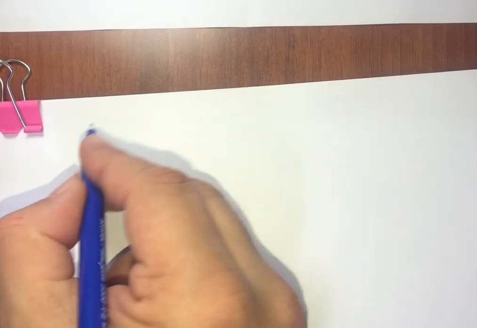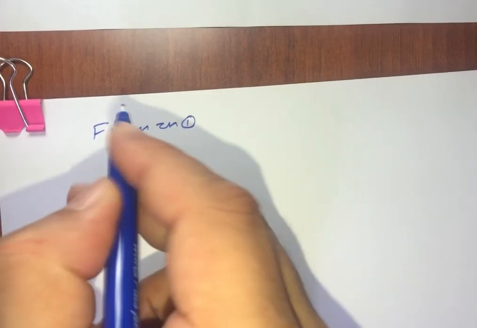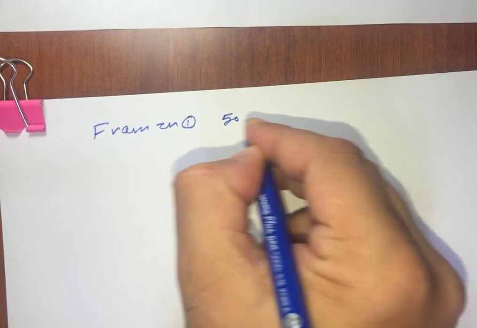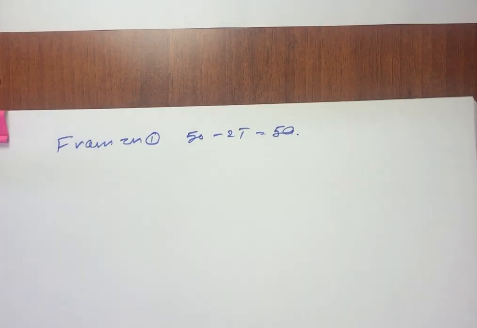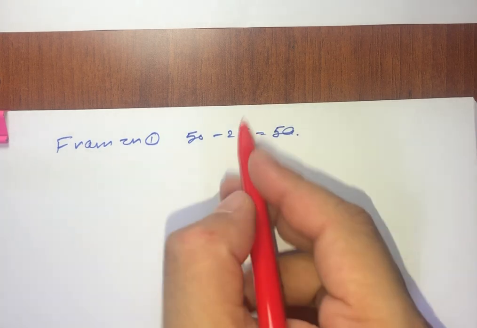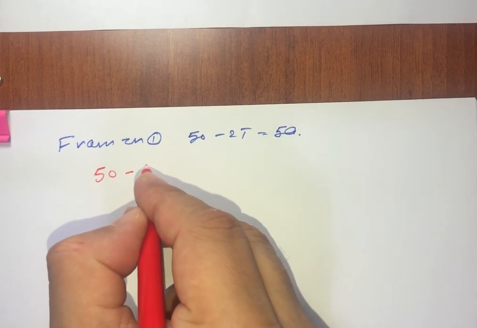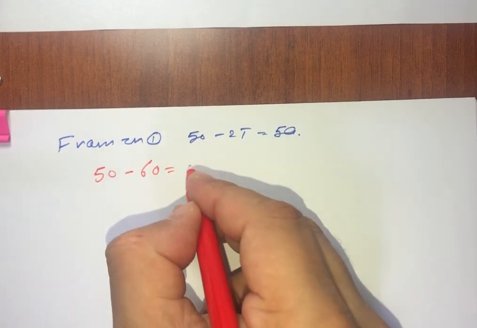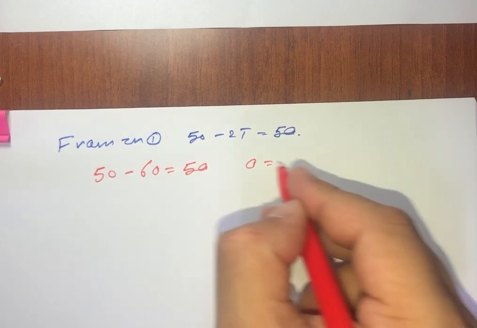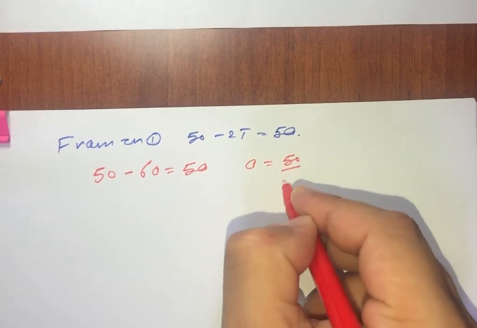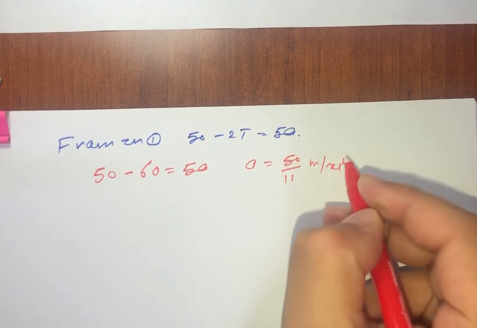So from equation 1 we have 50 minus 2T is equal to 5A. Substituting the value of 2T as 6A, we get 50 minus 6A equals 5A, or A will be equal to 50 divided by 11 meter per second square.